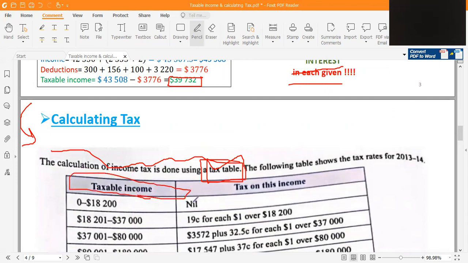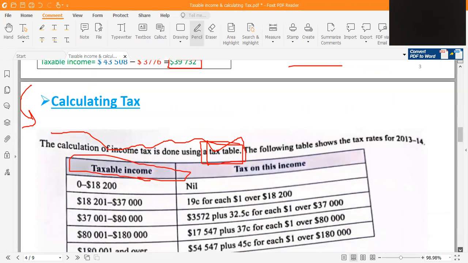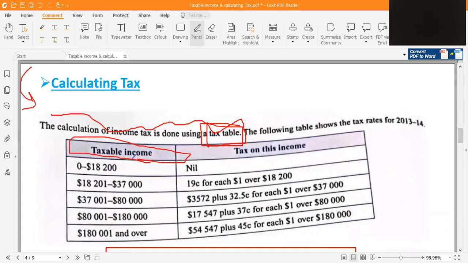According to the range of taxable income that we have, we can calculate the tax on this income. If the taxable income is between 0 and $18,200, we have no tax on such an amount.